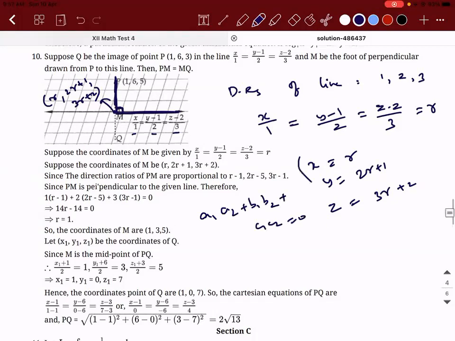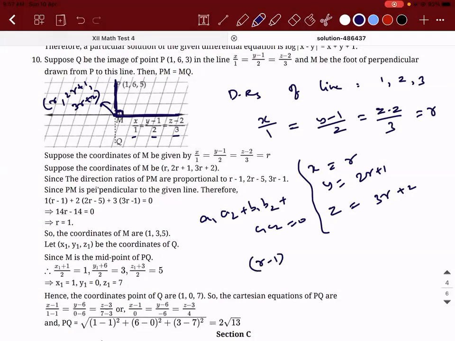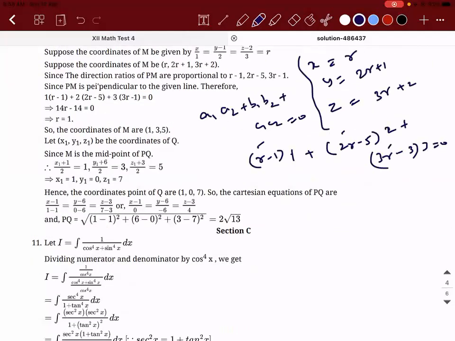When I take all these things into consideration, I can say (r minus 1) into 1 plus (2r minus 5) into 2 plus (3r minus 3) into 3 is equal to 0. So the advantage here is I'll be able to find the value of r. So when I solve this, I'll get the value of r as 1.